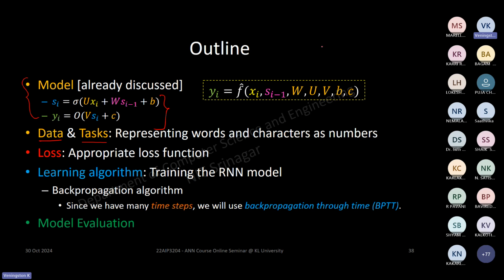Whether you want to solve an auto completion task, or a POS tagging task, or a sentiment analysis or sentiment classification task, and so on. And then we would use an appropriate loss function in order to see how much error the model is making on the initialized weights. The loss actually depends on the weight values used in the model.